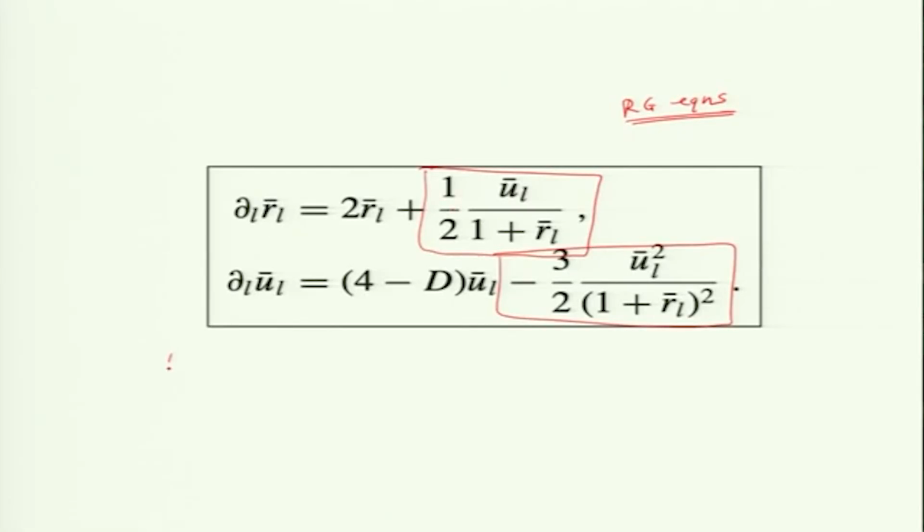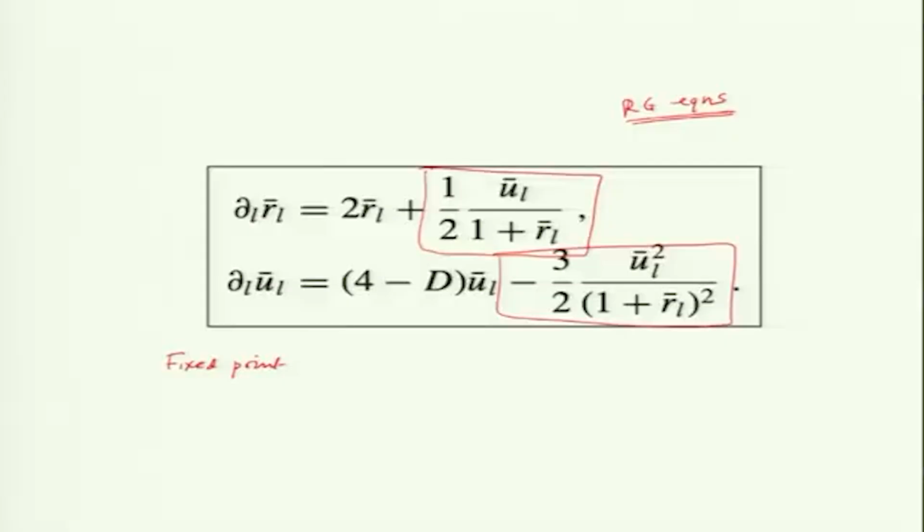What is the fixed point? Fixed points are points where if you are sitting at those points, you will remain there forever. Okay, that is a fixed point, my definition. So what is the condition I should impose on this equation to obtain the fixed points? I should set the derivatives to be 0, right.